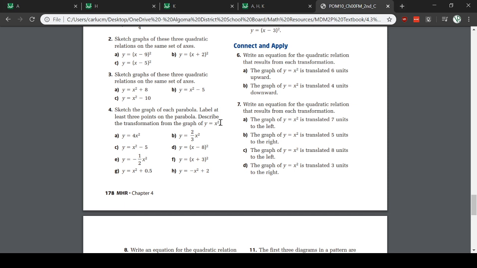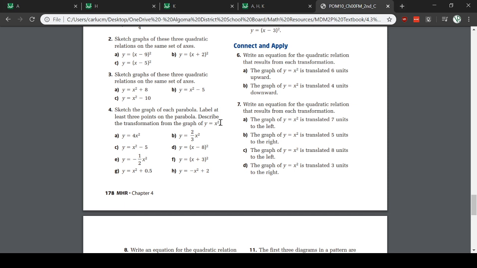Got to list points or label 3 points. One of those is right here. X is right here. And to find 2 other points, how am I going to get some other? Well, sub in some values.